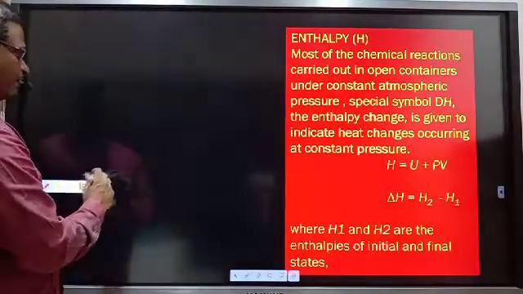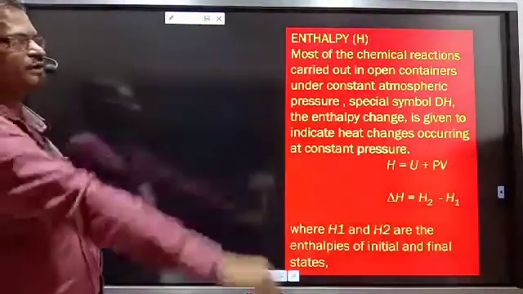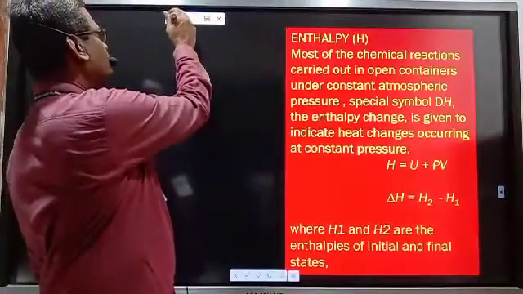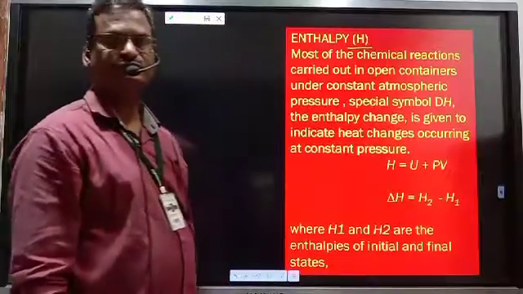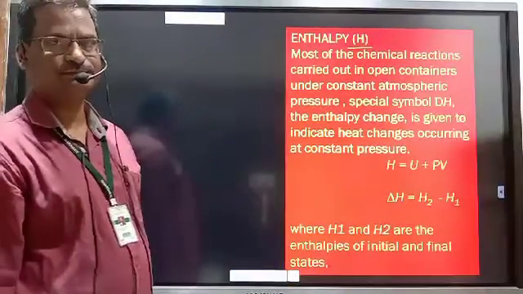First one, enthalpy. See what is meant by enthalpy. Symbol H is used for enthalpy.